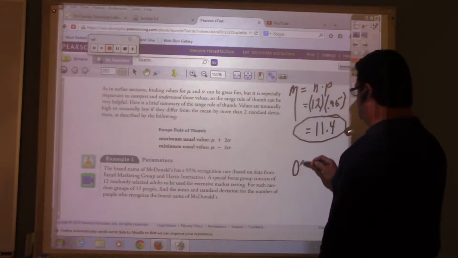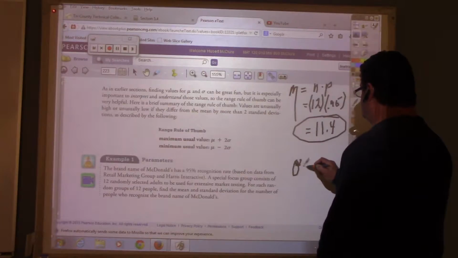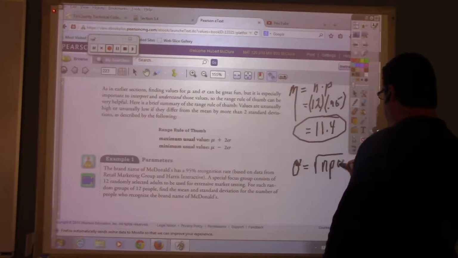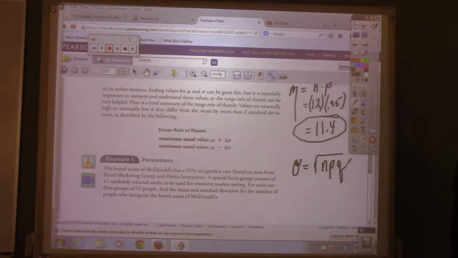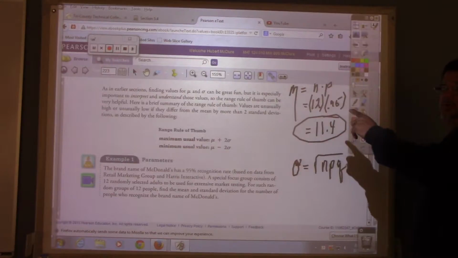Well, Hubert, I don't care about the variance. The standard deviation is equal to the square root of NPQ. Now again, you don't have to reach for the calculator yet, because if P is equal to 0.95, what is Q?